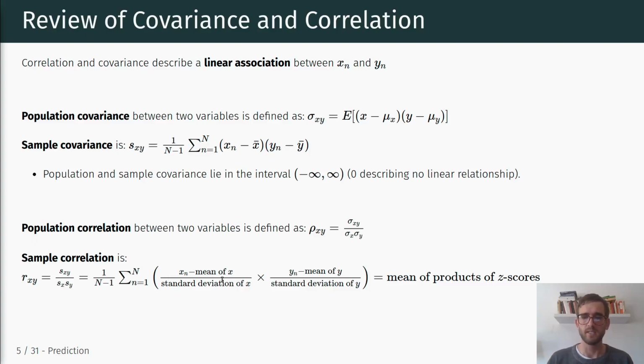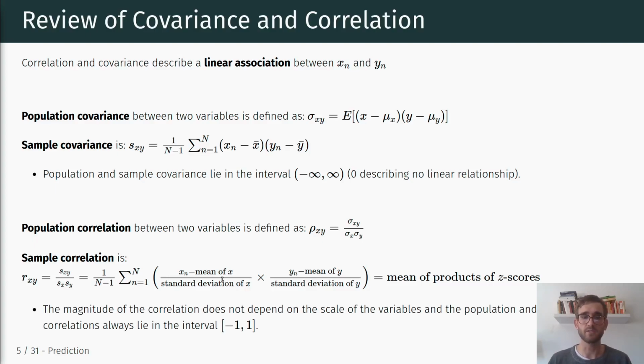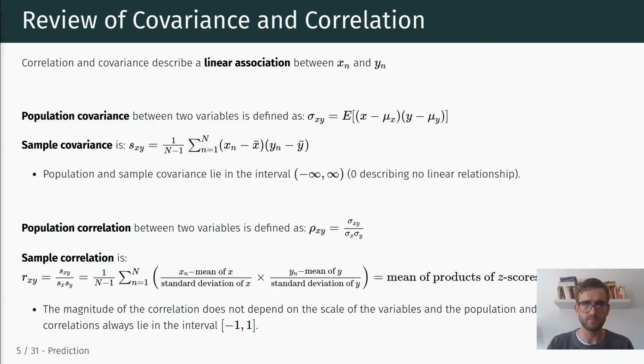Thinking of it as the product of z-scores, observations tending to be above the mean in one variable also tend to have a high z-score on the other variable, and that implies a positive relationship, for example. We talked about this in some of the previous videos.